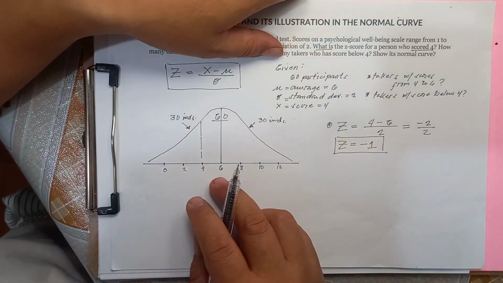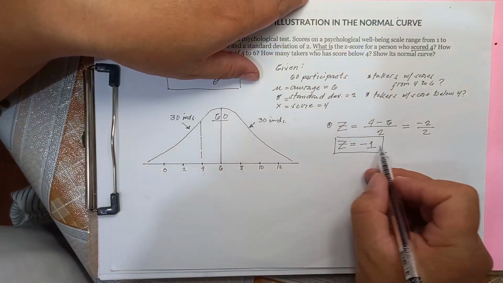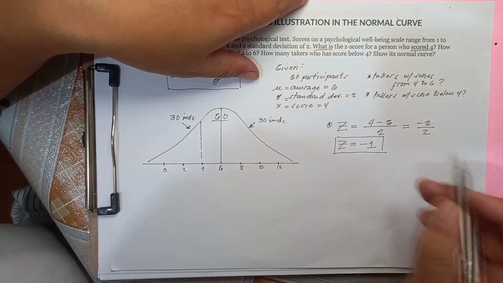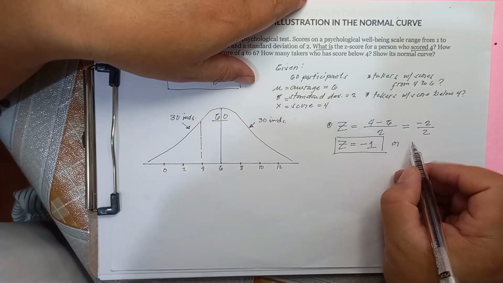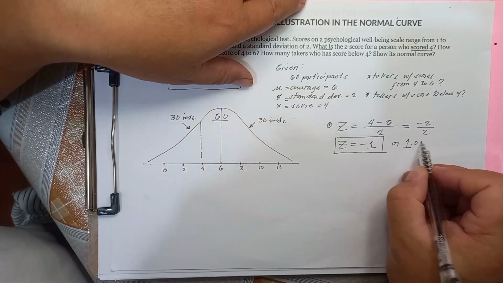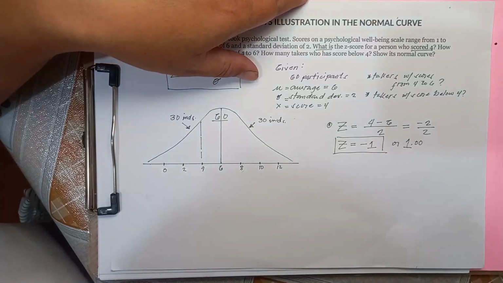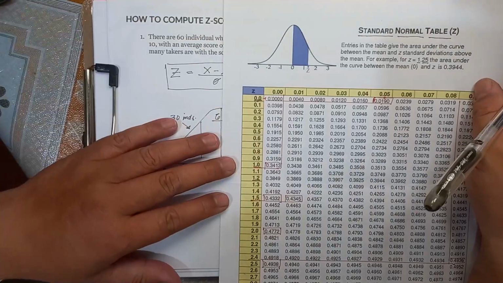With that, we have already taken this one, that is the same as negative 1, which in our table is to be read as 1.00, so we are going to make use of our table.